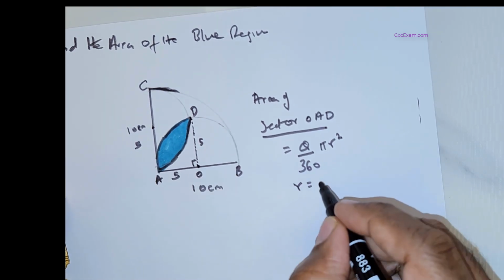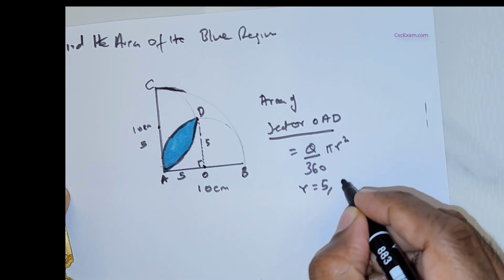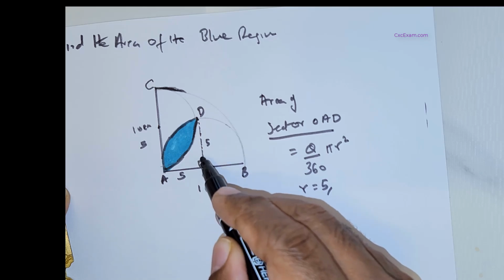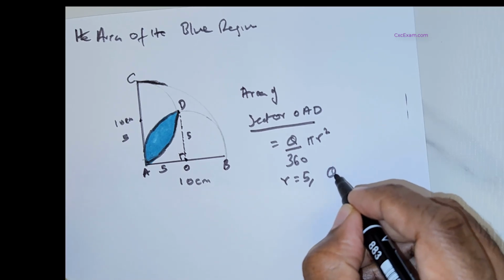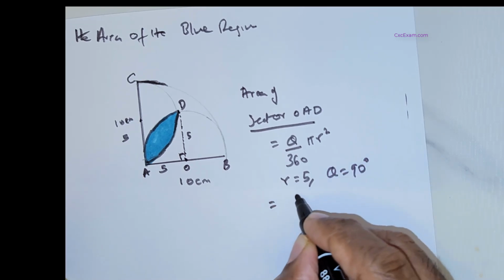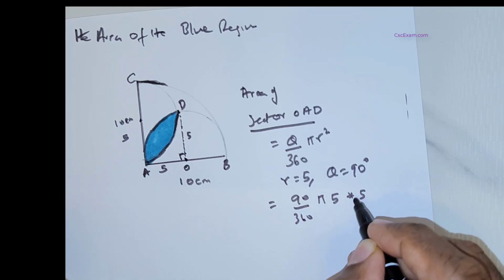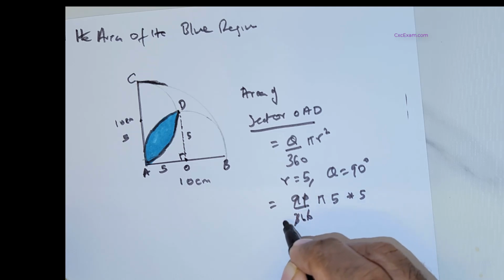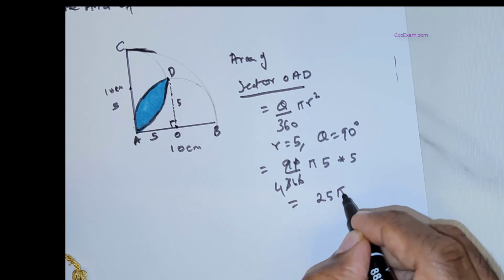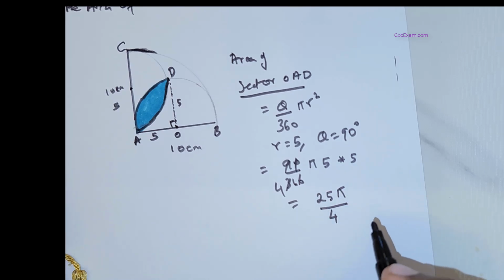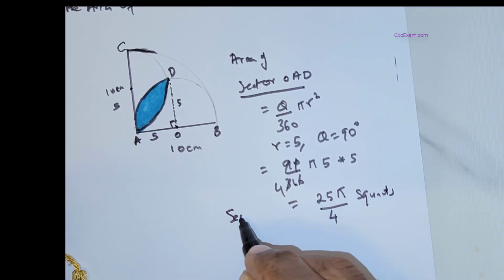Now my r is 5 units here, right? 5 units. My theta, the sector angle. Now I already mentioned to you that there is a perpendicular and this is clearly going to be making 90 degrees. So we got 90 over 360 pi times 5 times 5. So 9 divides here 4 times. So you have 25 pi over 4 square units. So this is the sector area.